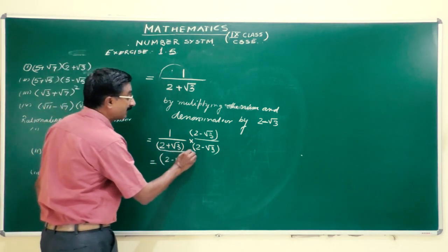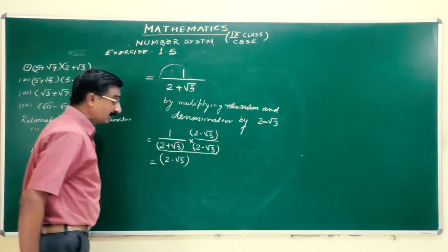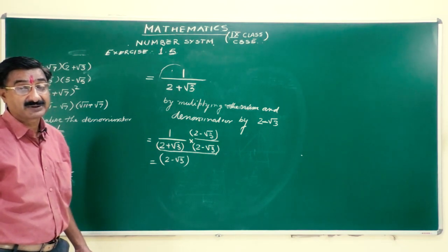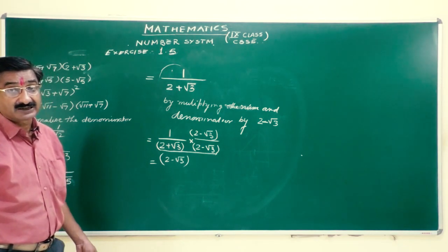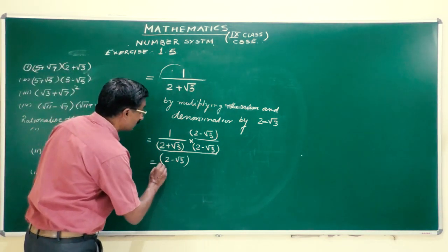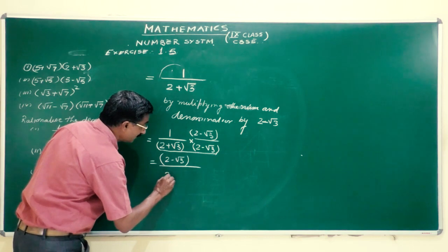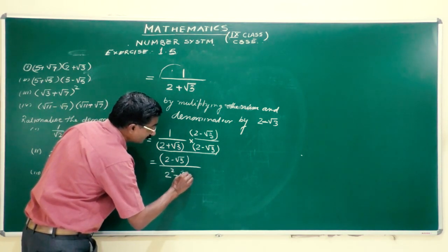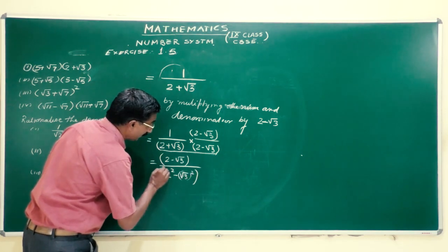Now this identity is there. Which one? a plus root b into a minus root b, or you can say a plus b into a minus b. So that is a square minus b square. Very good. So this is a square minus b square, means 2 square minus under root 3 whole square.